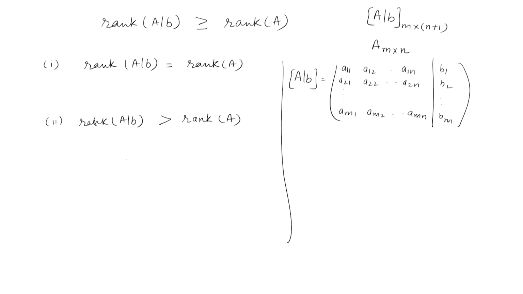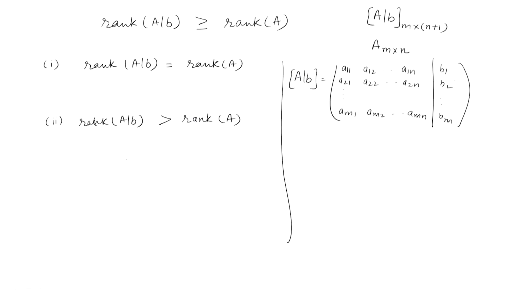Now, we have seen that the first case we are discussing is what happens if the rank of the augmented matrix is equal to the rank of A. What does it imply? Does it imply that the system is consistent or inconsistent? How can we say? So, let us discuss this. We first find the augmented matrix here.